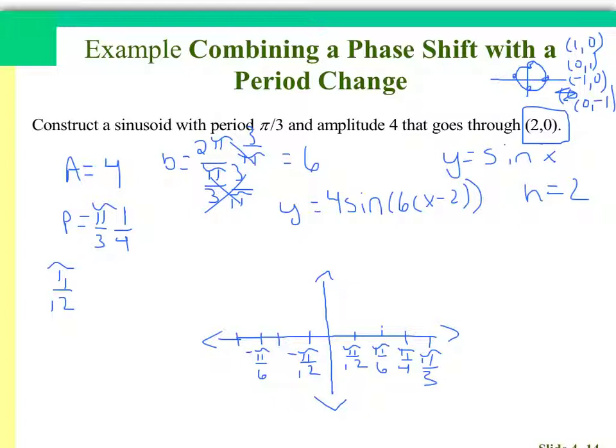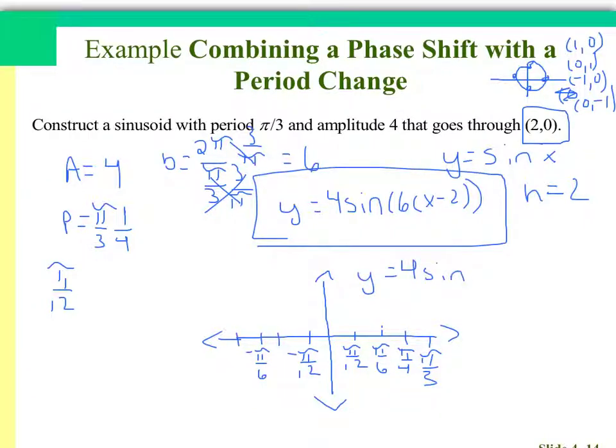And then here's the thing. Well, we didn't have to graph it this time, but that's how we're going to set our scales to be able to graph these. So there's our equation. And actually, you probably should go 4 sine of 6x minus 12. Okay?